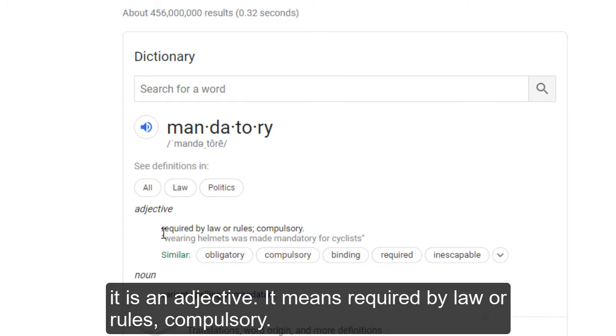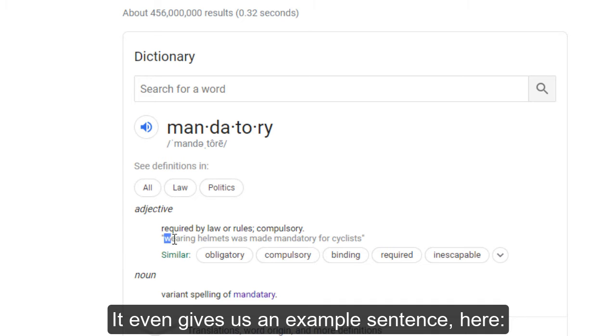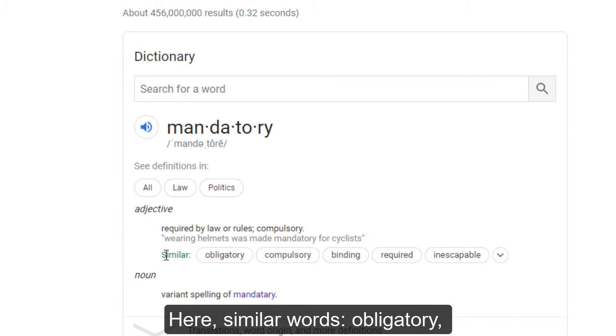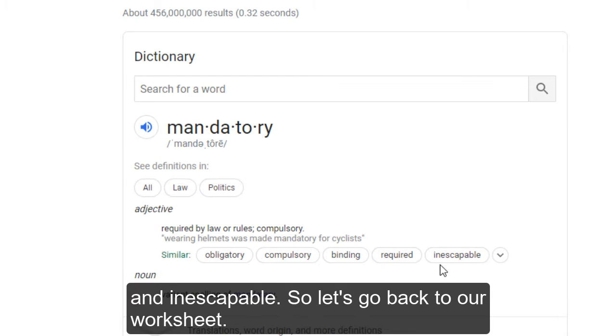It means required by law or rules, compulsory. It even gives us an example sentence here. Wearing helmets was made mandatory for cyclists. Here, similar words, obligatory, compulsory, binding, required, and inescapable. So let's go back to our worksheet.